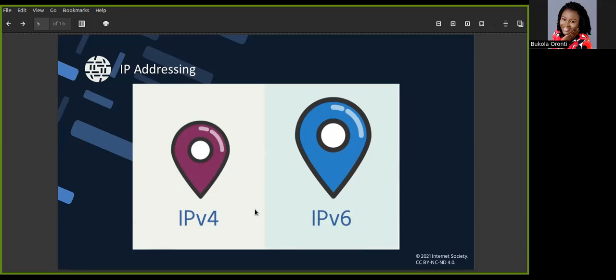IPv4 is a 32-bit addressing type, also known as a 4-octet number in binary. That is, 1 octet stands for 8 bits. So in IPv4, we have 4 octets, each octet separated by dots.